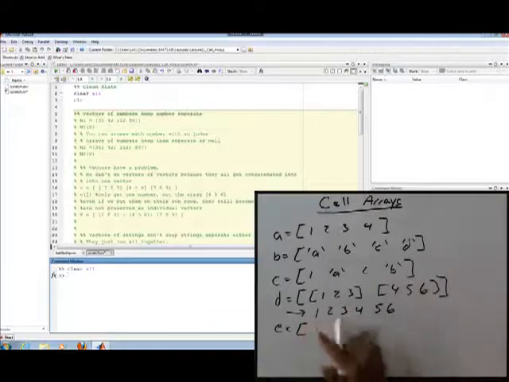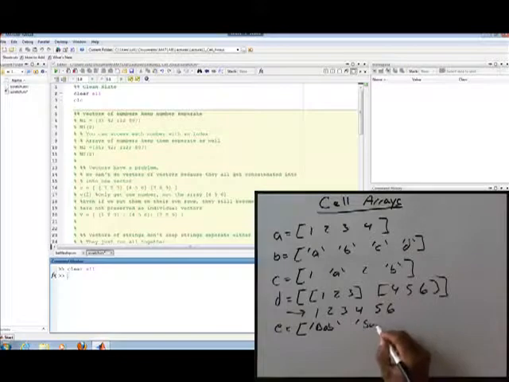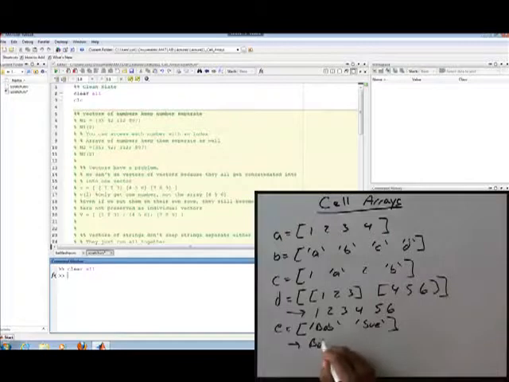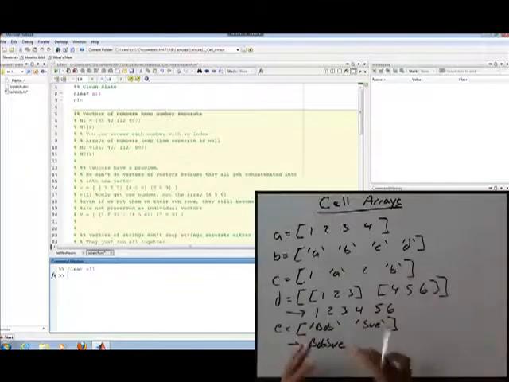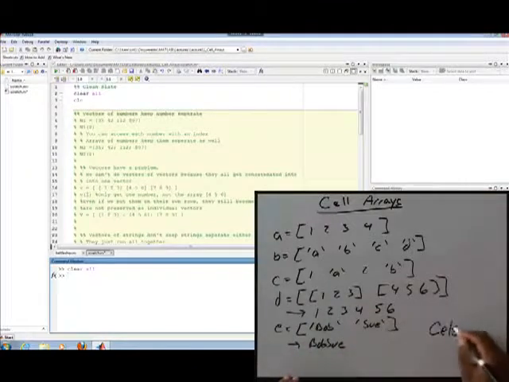So if you did Bob and Sue, you just get all the letters run together like that. So you can't keep individual stuff together. You can't package these things into their own individual packages. Well, you can't package them into their own individual cells, if you will.